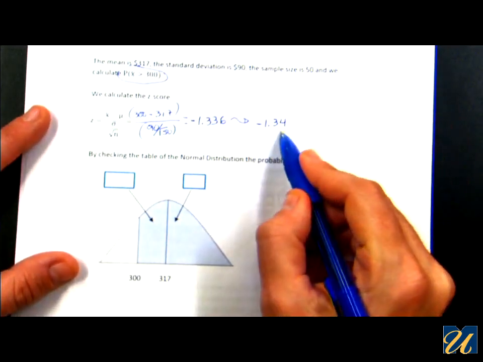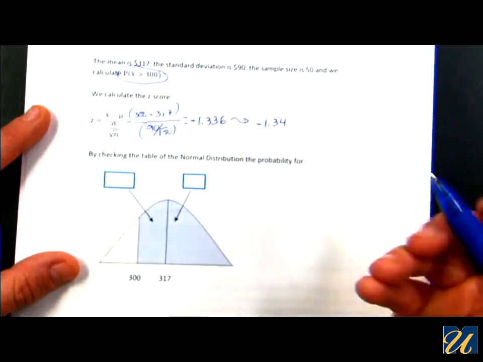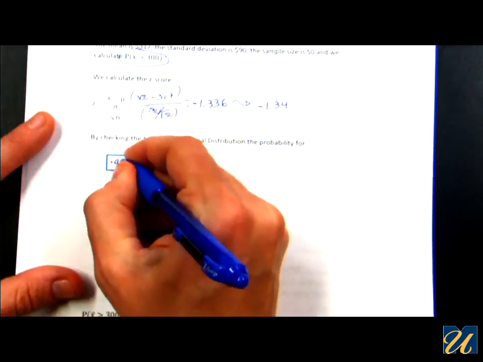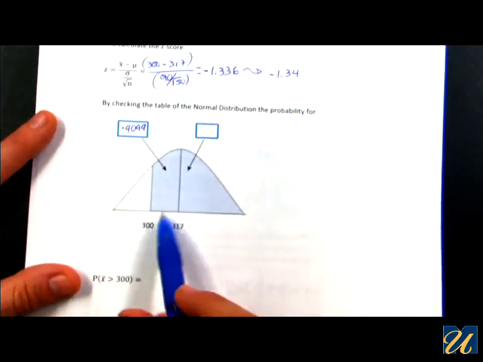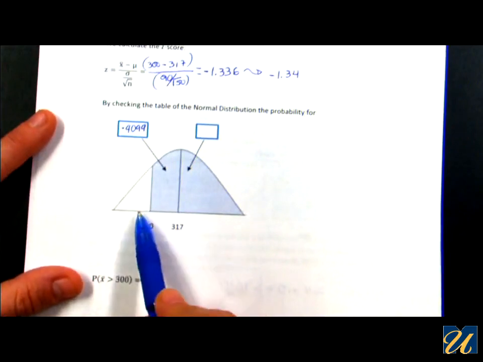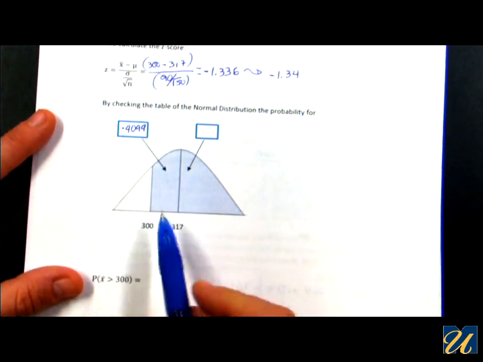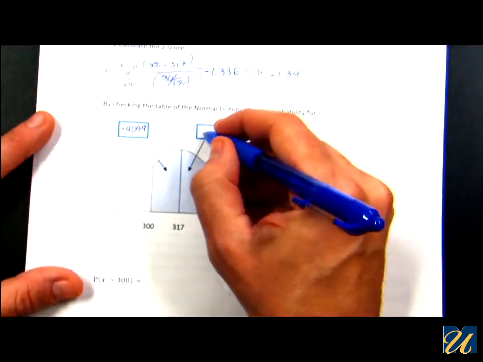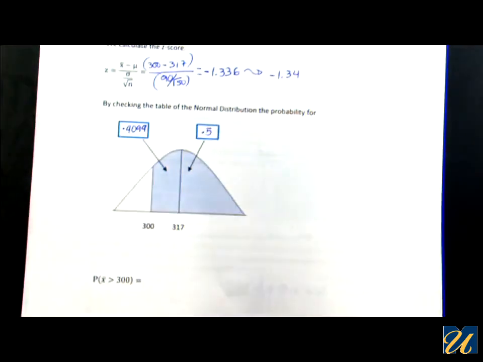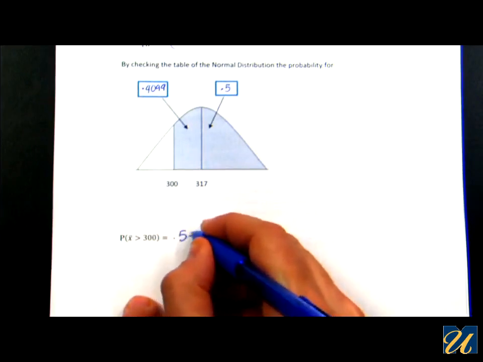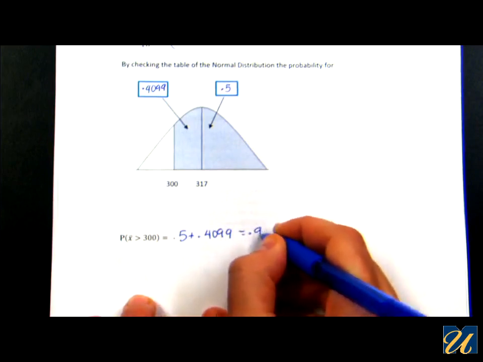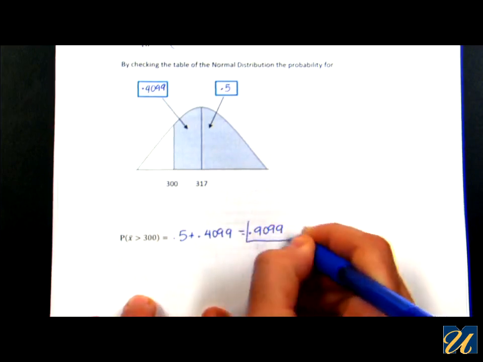This is what you will check your table for. 1.34 will give you a probability of 0.4099, which is the area from 0 to negative 1.34 for your z-score, or 300 to 317. This area we already know is 0.5, so therefore 0.5 plus 0.4099 is equal to 0.9099.